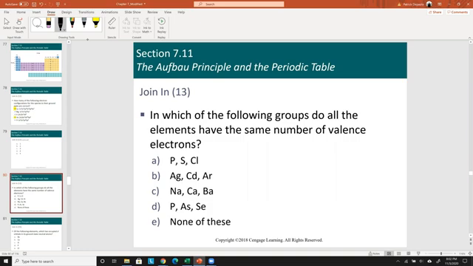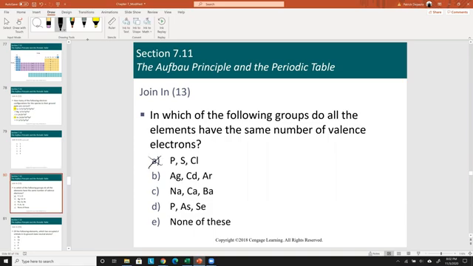No, good. They don't, because they're in different groups. Sulfur is in 6A, phosphorus is in 5A, chlorine is in 7A, so no.